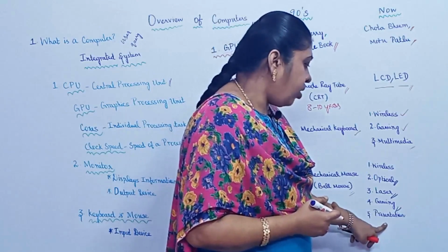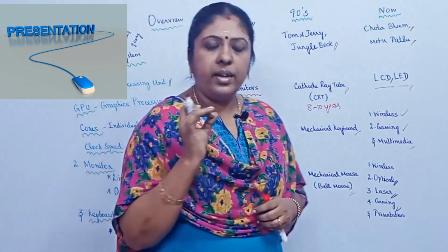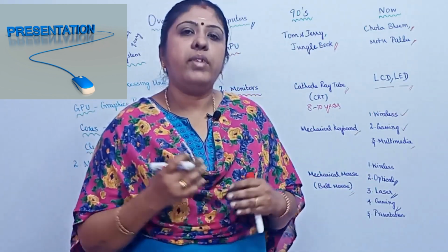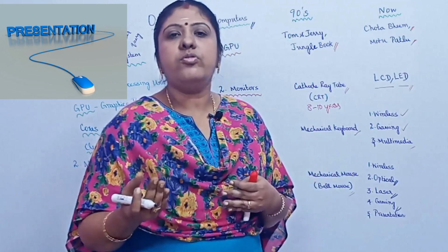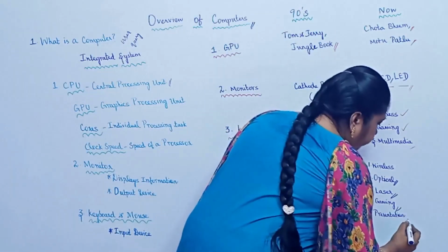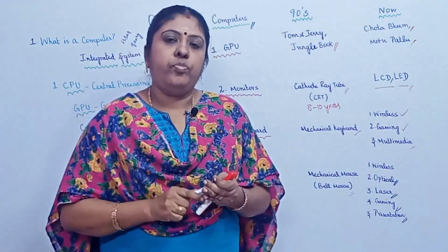And then the last one, the presentation mouse. That is, it has an inbuilt laser pointer and a mouse, so that when the user wants to make a presentation, he can handle it individually using this laser pointer and mouse. That is called the presentation mouse.